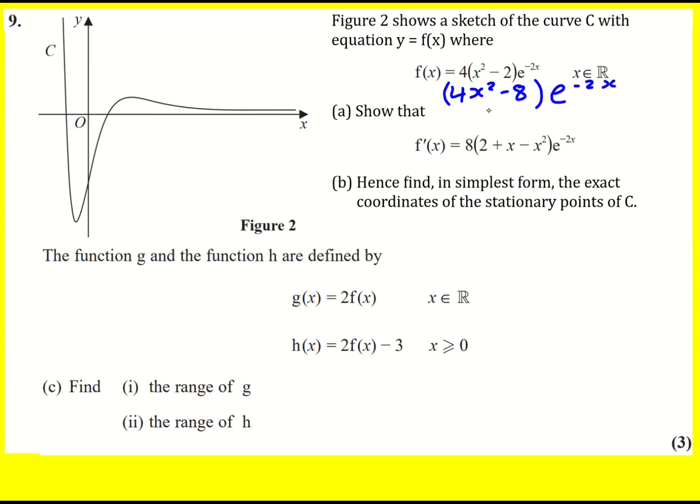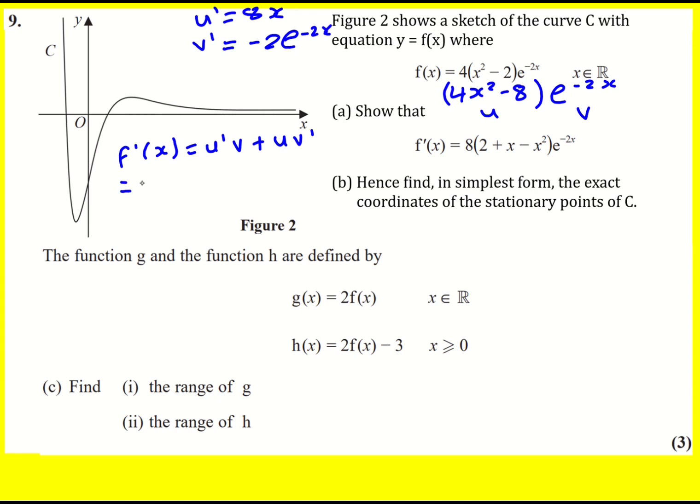And now we can use the product rule. So this can be u, this can be v, f dash x is going to be u dash v plus uv dash, the u and v differentiated. So u dash is going to equal 8x, v dash is going to equal, using the chain rule, bringing that minus 2 down, minus 2e to the minus 2x.